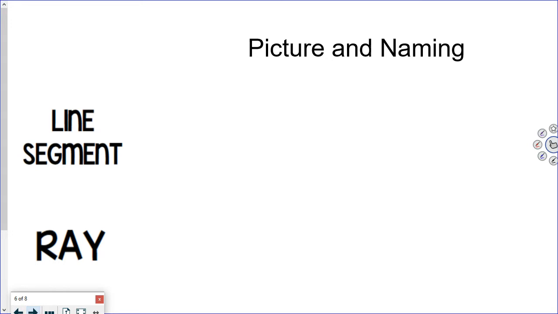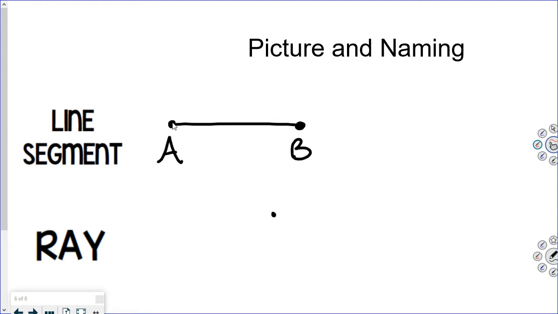So a line segment is just going to be something like this. It has the two endpoints labeled, and then the ray only has one endpoint, and it goes on forever in one direction. I'm going to label those, so that we can talk about how you go about naming these two figures.